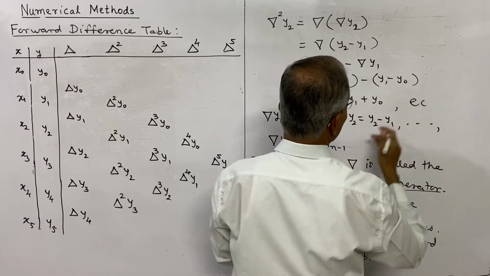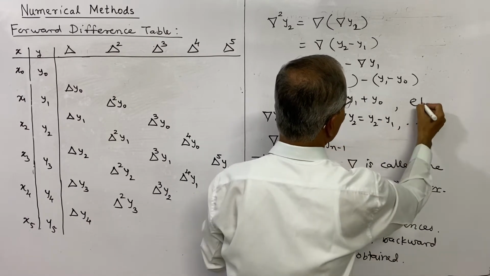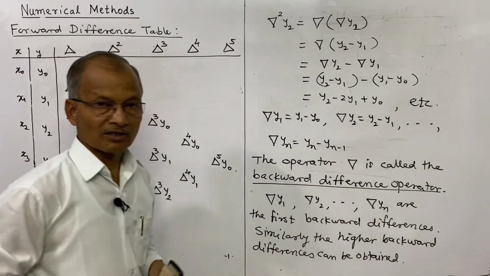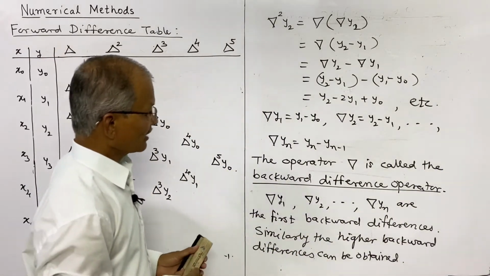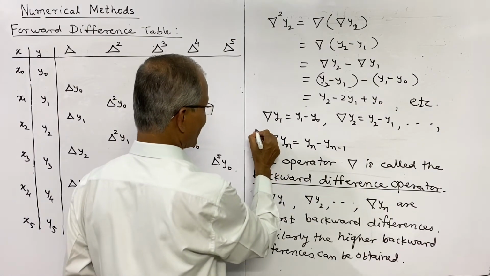So del cube of y3, etc. can be obtained. So these are the higher order backward differences, and thus the backward difference is defined by this.